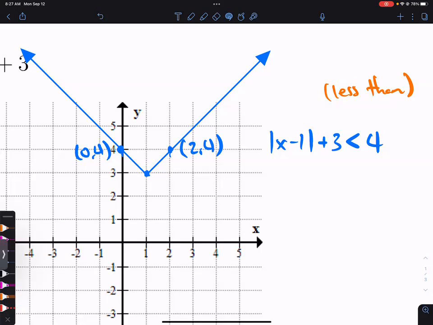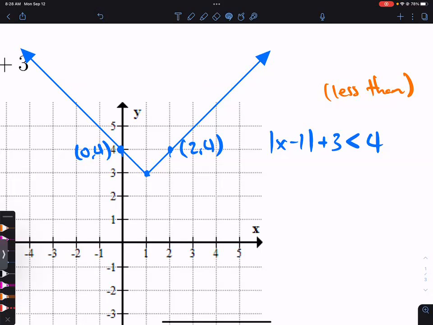Where else? I mean, there's 1, so it definitely works there. What about 1.1? 1.2? 1.5? And 1.999 and 0.99?